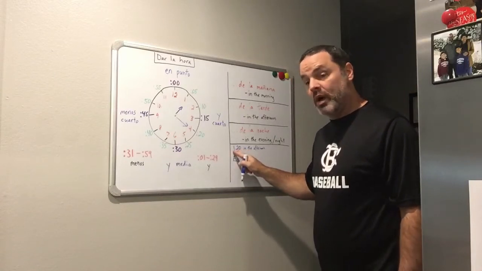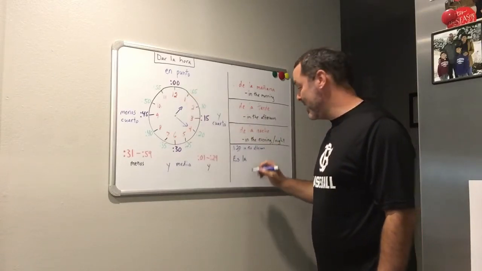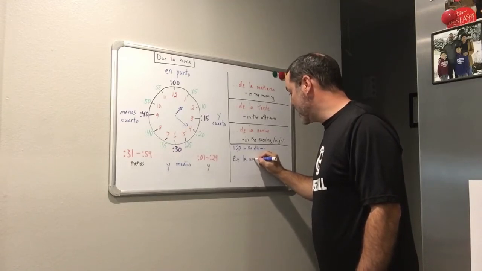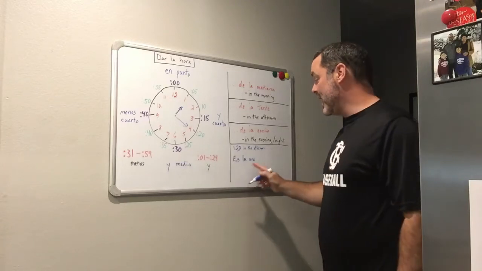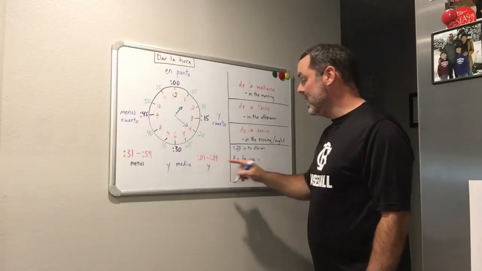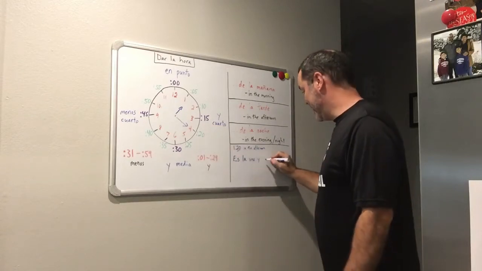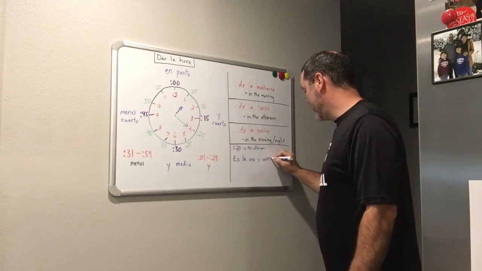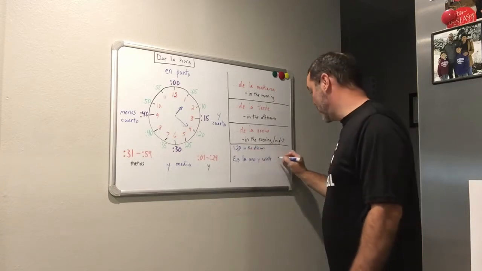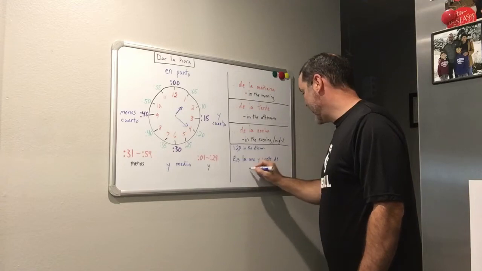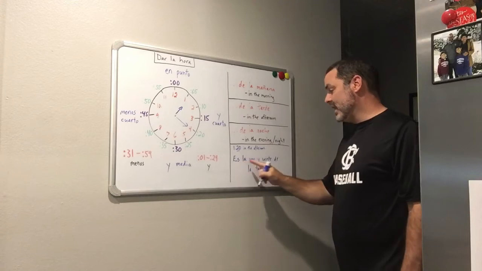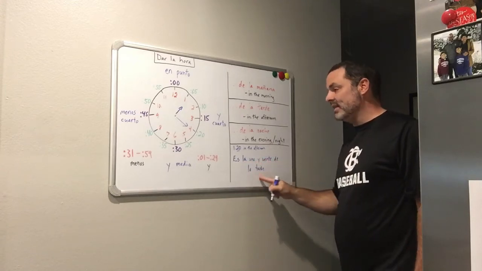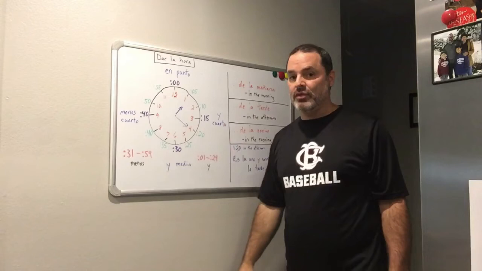My hour is 1. Okay, so es la una. You say una instead of uno. Es la una y veinte. Now it's in the afternoon, so I would say de la tarde. So es la una y veinte de la tarde. It's 1:20 in the afternoon.